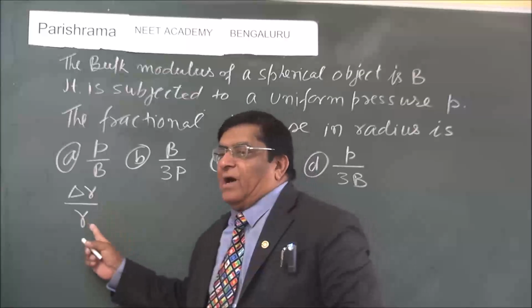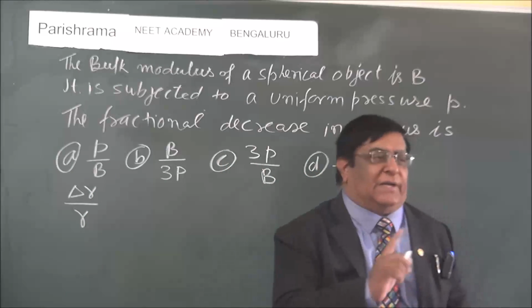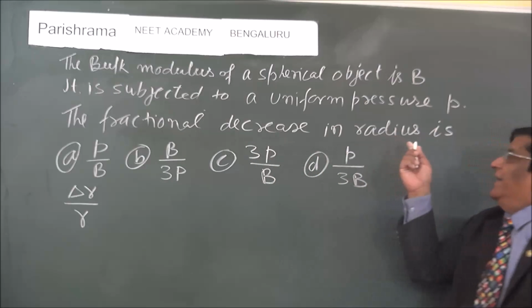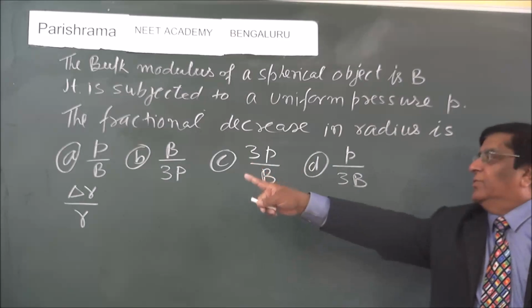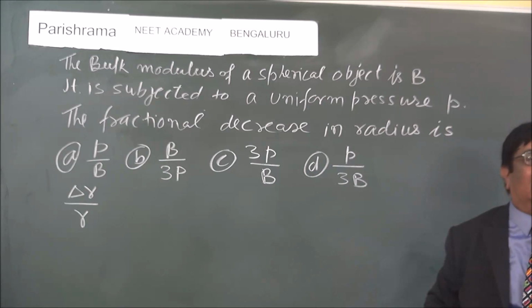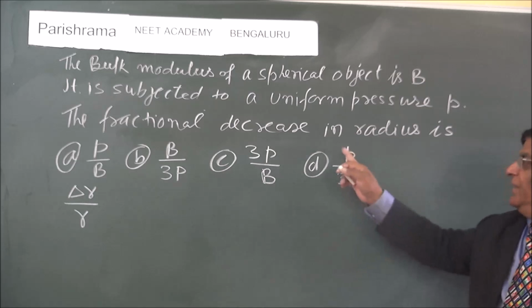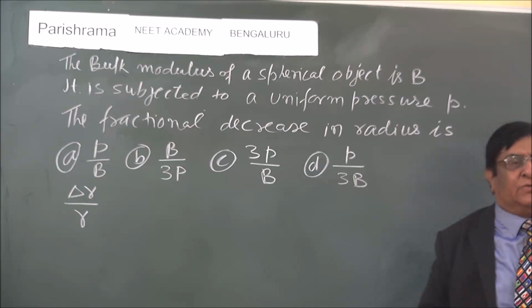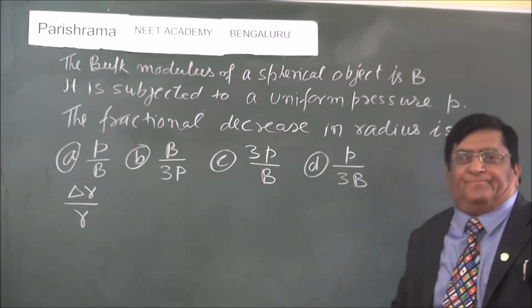Delta r upon r is the fractional decrease, and they are asking us the fractional decrease in the radius is equal to one of these three. So this we have to find in terms of P and B, everywhere. So this is the problem.